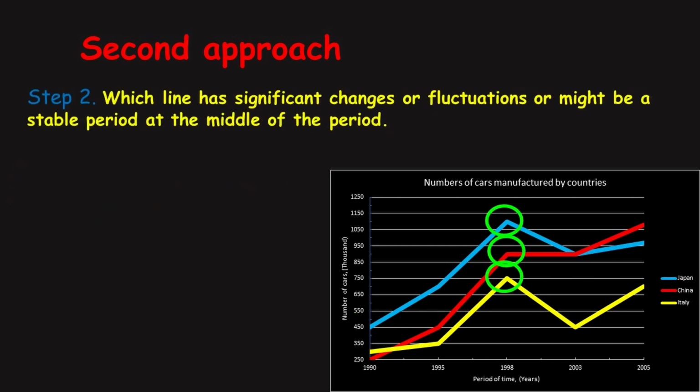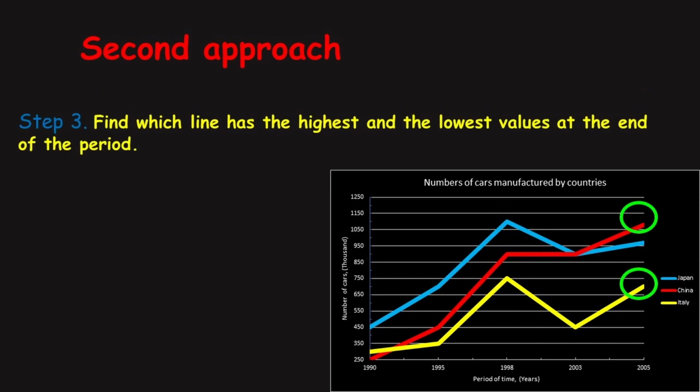Step 2. Which line has significant changes or fluctuations, or might have a stable period in the middle? The graph shows that the three countries experienced a significant upward trend in the middle of the period. However, as the time during the actual exam is limited, this information will not be used. Step 3.